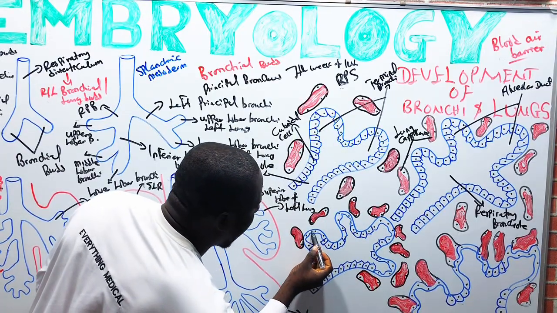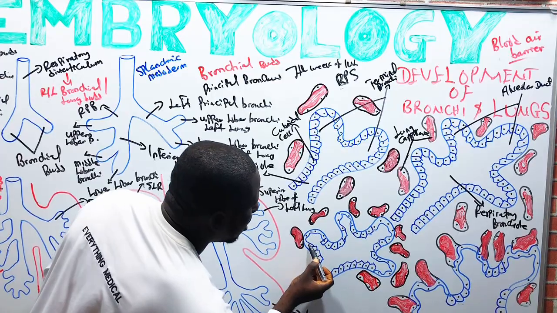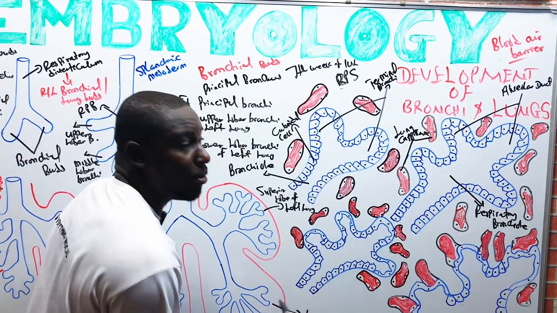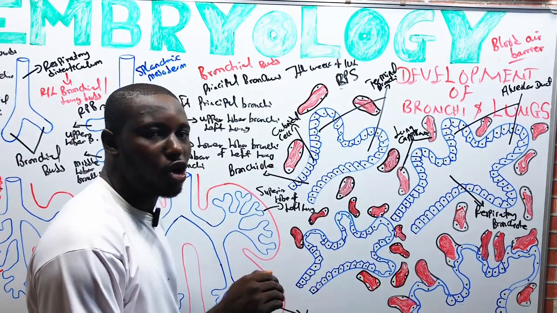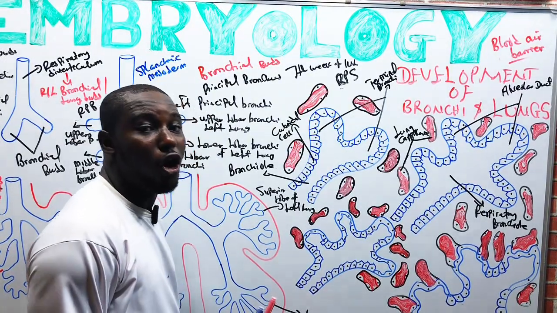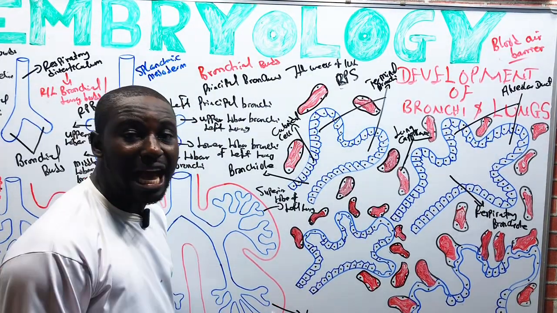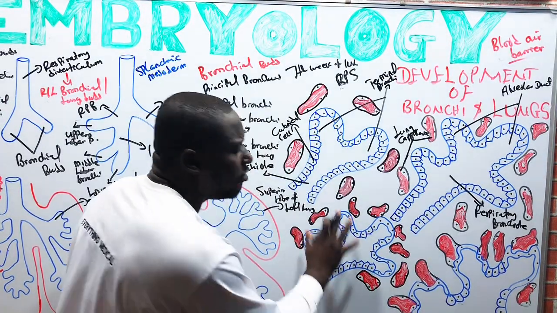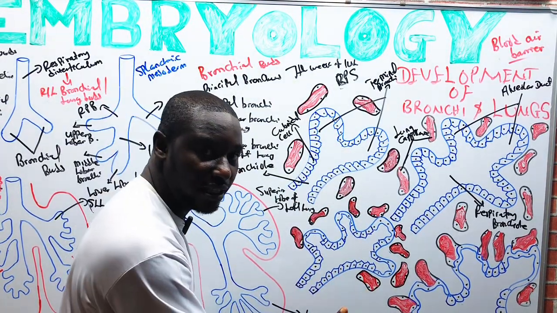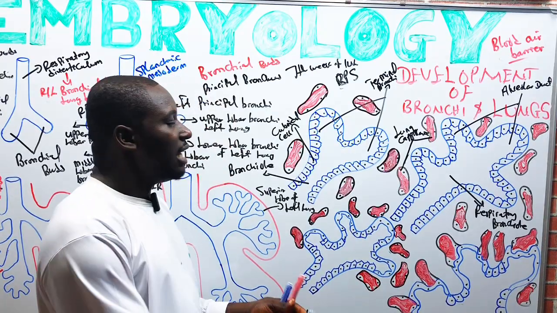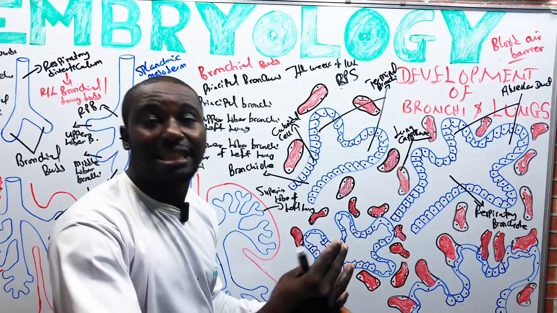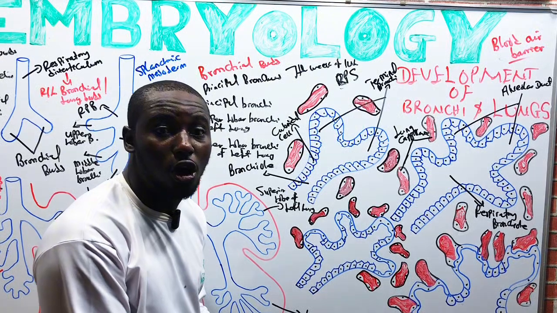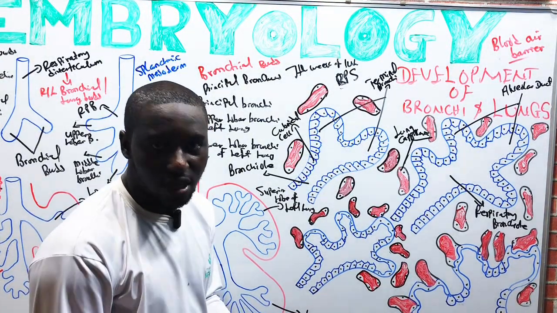All of them are cuboidal cells, except these ones. These ones are the endodermal squamous cell, flat cell, called the type 1 pneumocyte, or type 1 alveolar epithelial cell, right? Now, this is the first cell that evolved, right? However, the lungs also have other cells that are scattered around, which is called the type 2 pneumocyte.